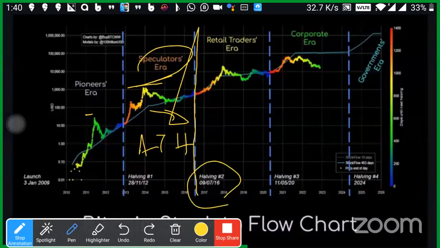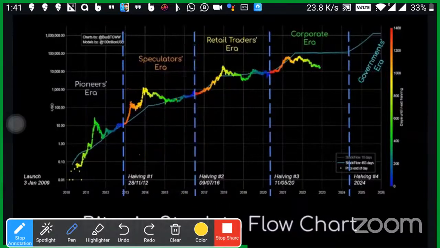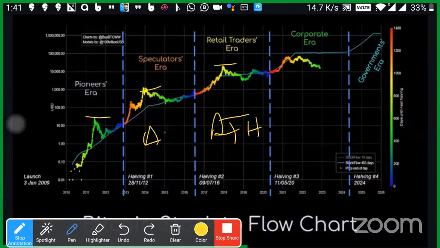That is called the second halving. After 4 years, the next halving happened, and before that we saw a downtrend, a bearish trend in the market, but again after the second halving the prices started to go up. There was a bullish market and it touched a new all-time high, much higher than all the previous all-time highs.